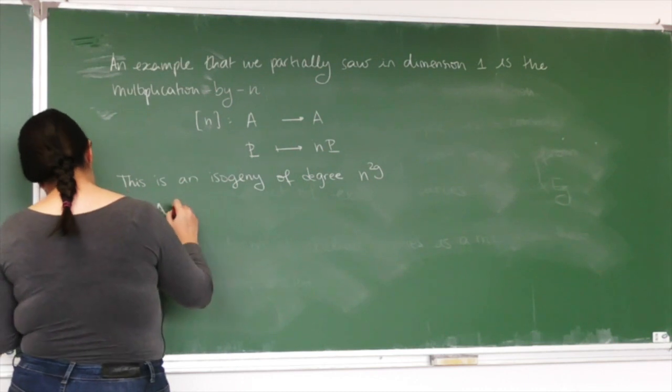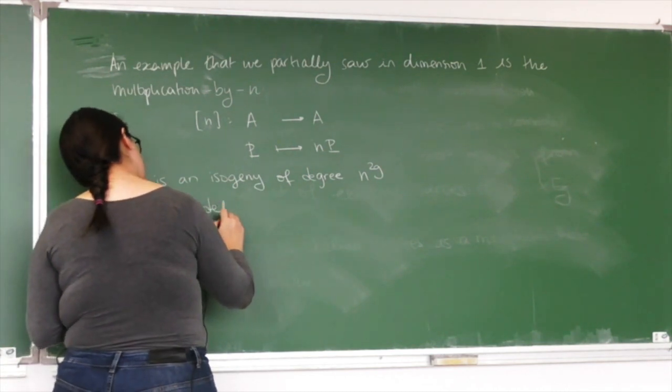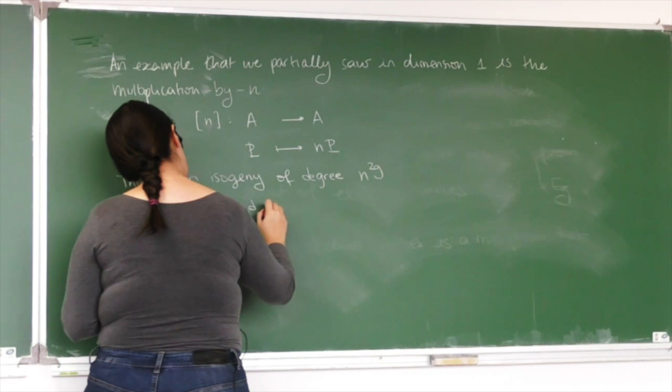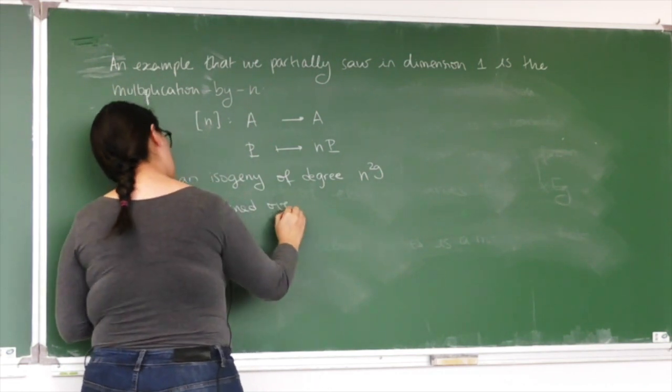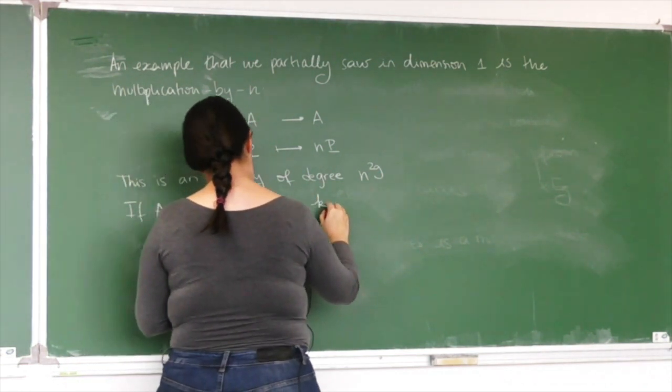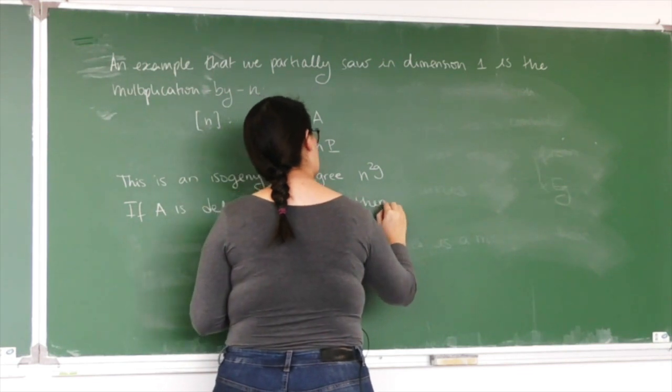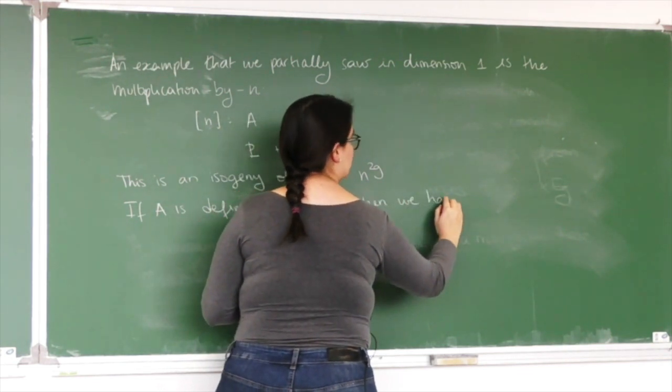If A is defined over K, then we have the following.